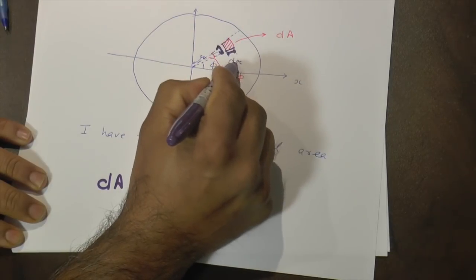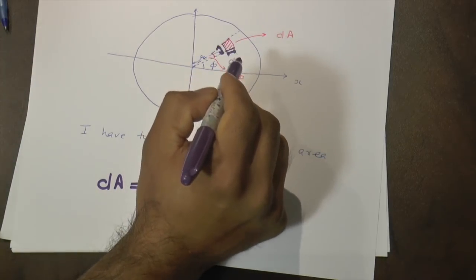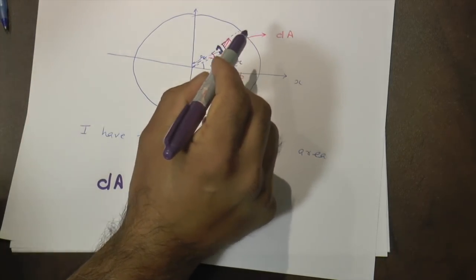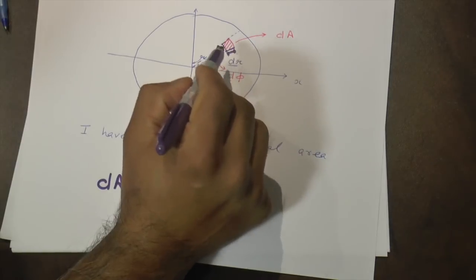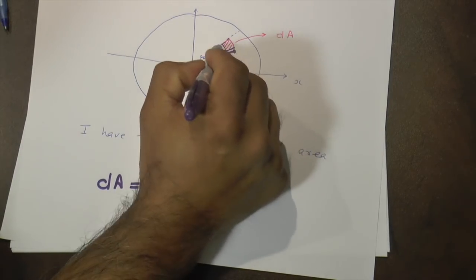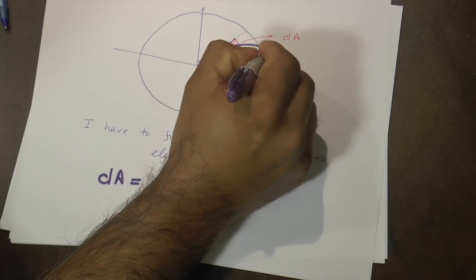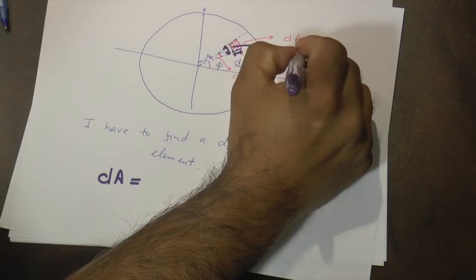Again, if I am assuming this is really small, I can assume that to be a nearly rectangular shape. If all these changes are really small, then this differential area element is going to be this width multiplied by this length, and that length is nothing but the arc length.